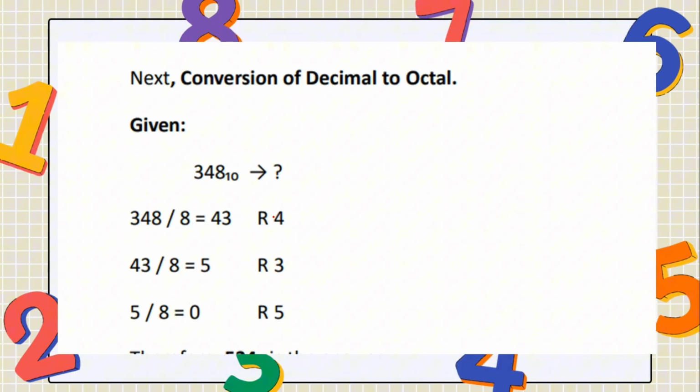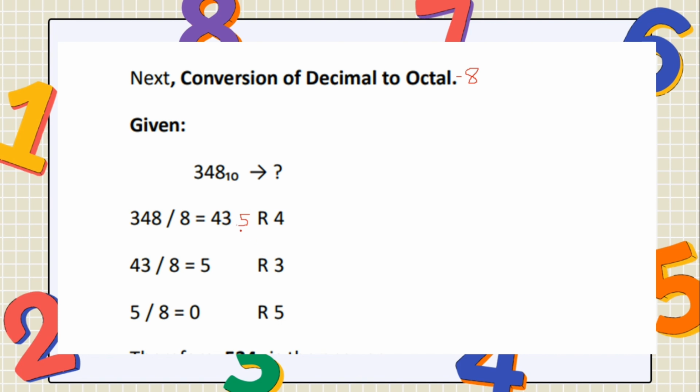So, for the octal na naman, since ang octal is base 8, so, syempre, we will use the 8 for dividing, to divide the decimal number. So, 348 divided by 8, 40.5.